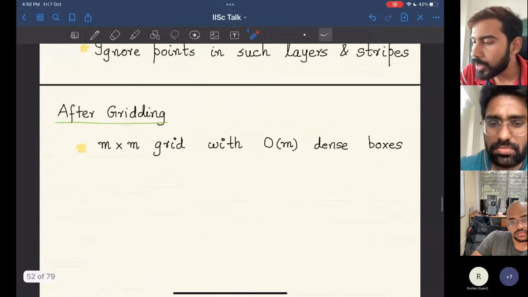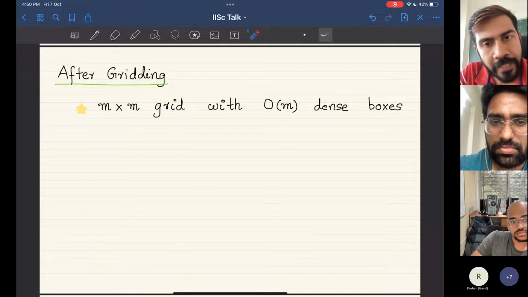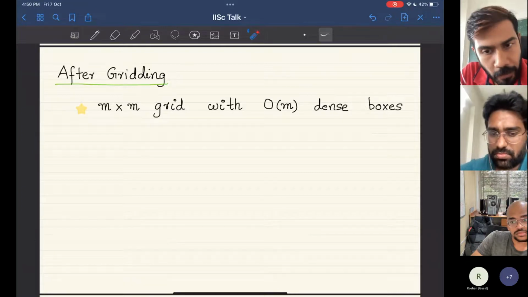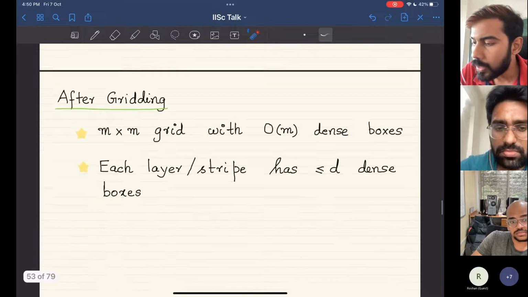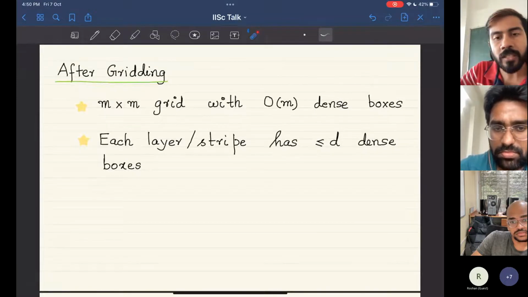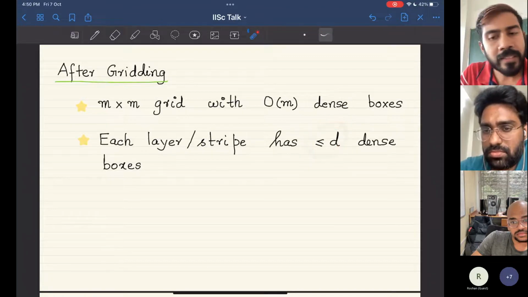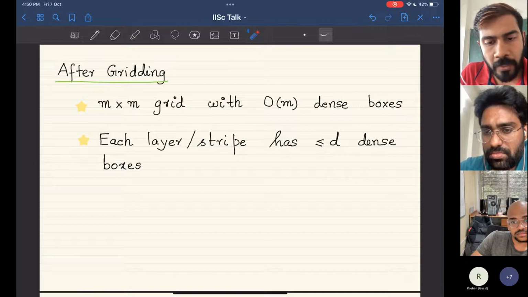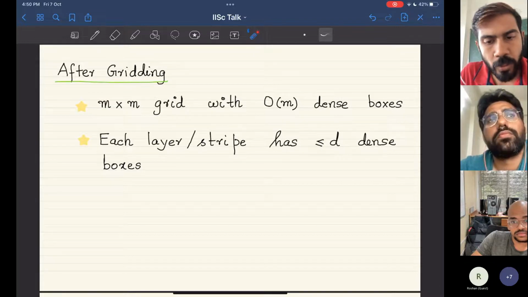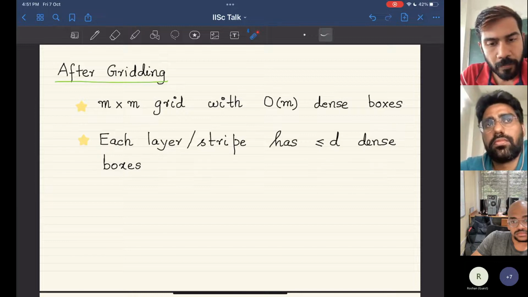So we will ignore all points in such layers and stripes. Finally, we will have this picture: a grid with M dense boxes, such that each horizontal layer or stripe has at most D dense boxes. D is some constant depending on our epsilon. So each layer or stripe has constantly many dense boxes.